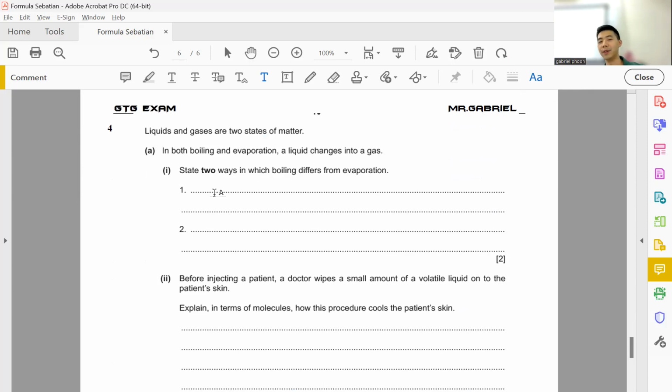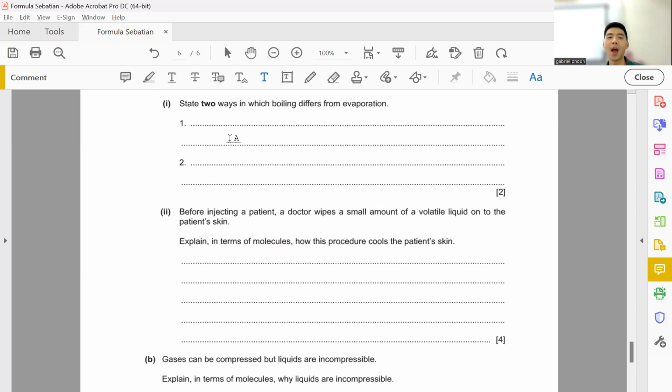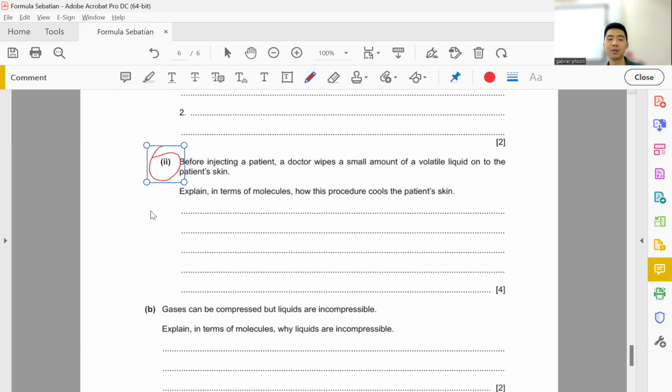Boiling occurs throughout the liquid, evaporation only occurs on the surface. Boiling produces bubbles, evaporation does not. I think most of you got this one correct. But most of you got this one wrong though. Same for the other classes. If you explain evaporation in this scenario, you will have gotten your marks already.